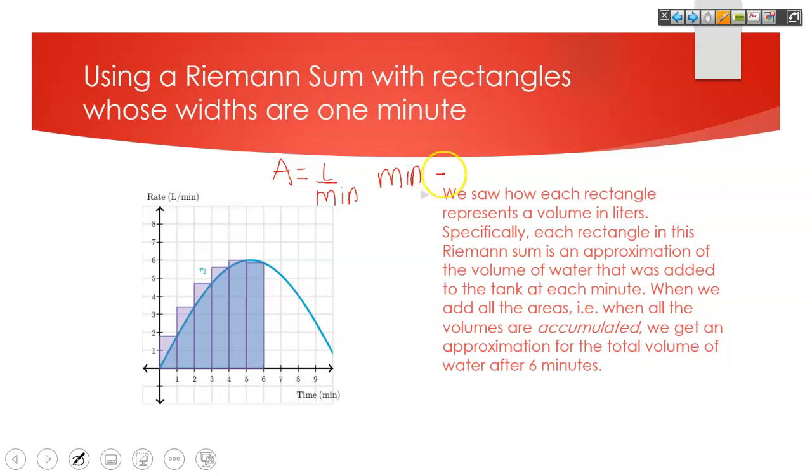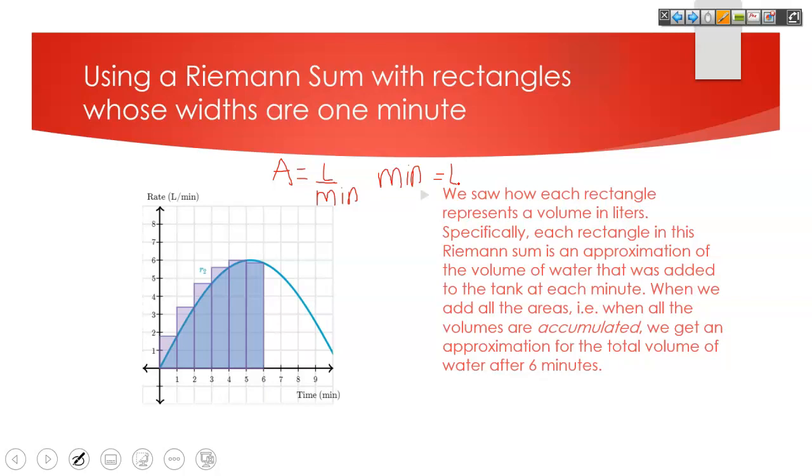The unit for area is going to be liters. So each area or each rectangle would represent volume, because liters are volume. It's like Coke is in liters, bottles are in liters.